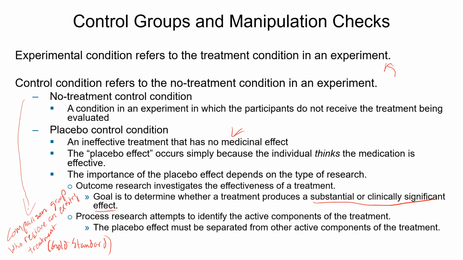But the point is you can have, as part of your control group, a comparison group who's receiving an existing treatment. And that goes back to our experimental group that I said I'd come back to and talk about. Our experimental condition, again, is the treatment condition in the experiment. It is the drug that we're looking to see has a new effect. It's what we're trying to see if the manipulation has a better outcome.